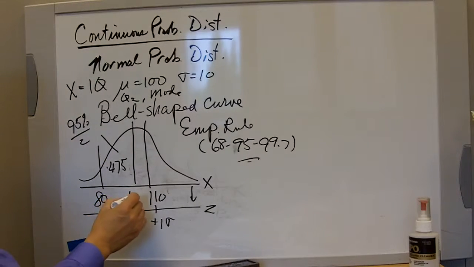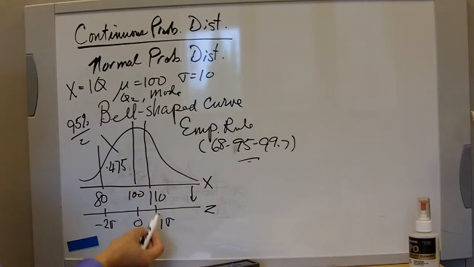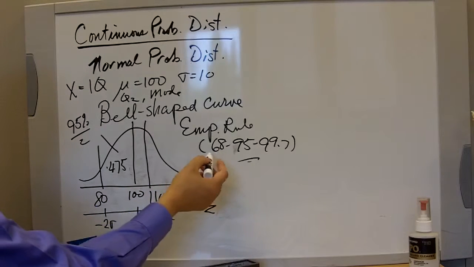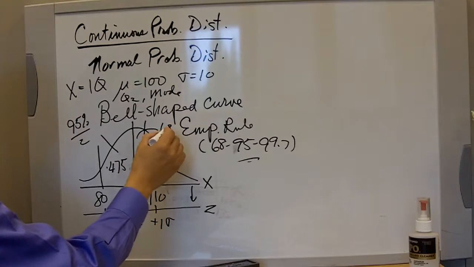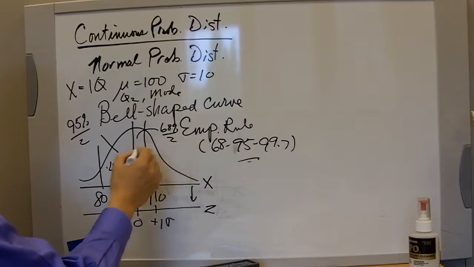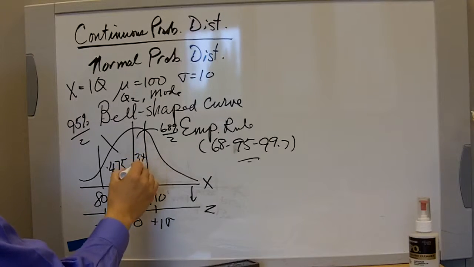And this being 100, which is 0 standard deviations away, so 0, and this part, 68% divided by 2, would be 34%.